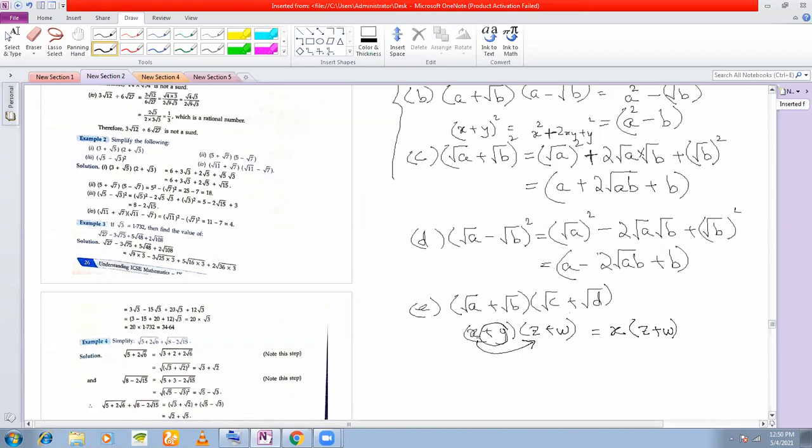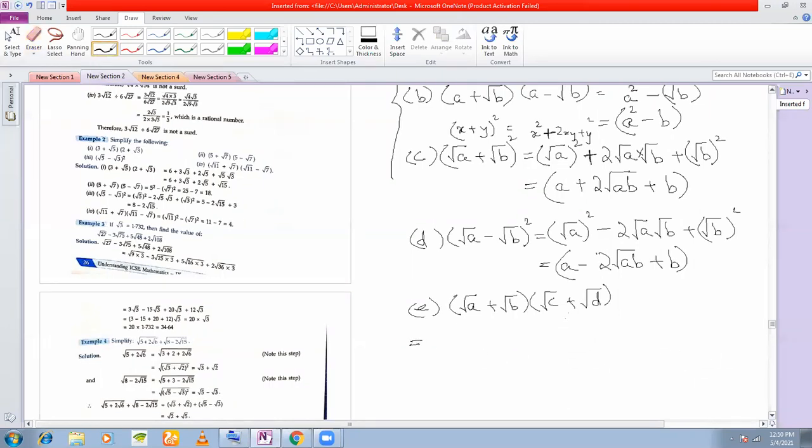And plus y you multiply with z plus w, right? This is how you multiply. And then what do you do? xz plus xw plus yz plus yw, right? This is how you multiply. We'll follow exactly the same procedure here also to multiply.